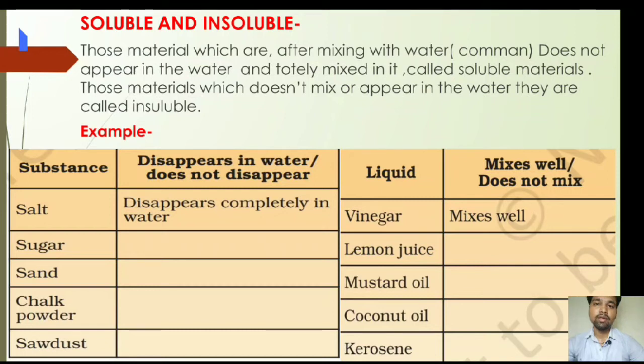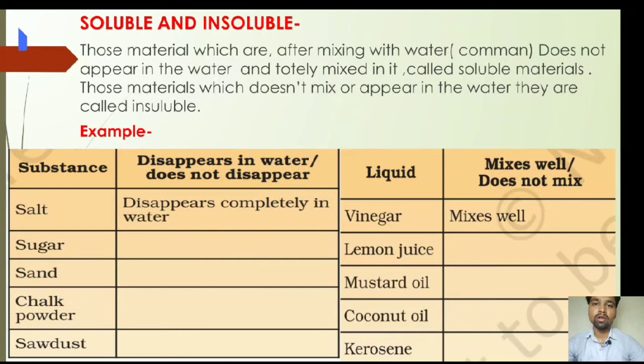It means if we mix those materials in the water, we will not be able to see those materials. Those materials take the form of water, and those materials which are not able to mix and appear in the water are called insoluble.